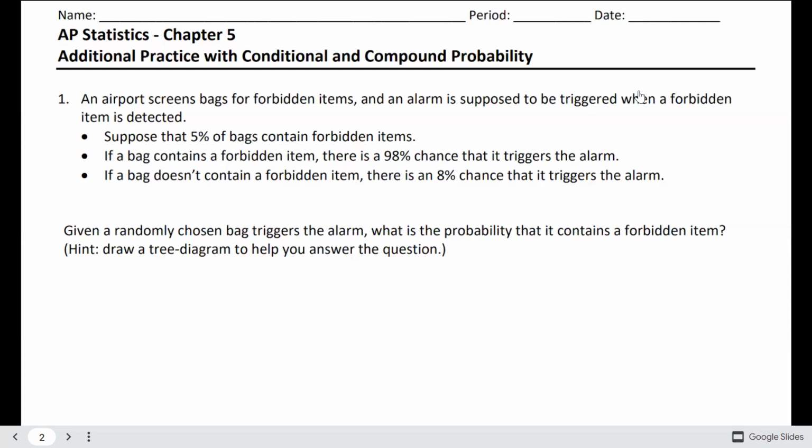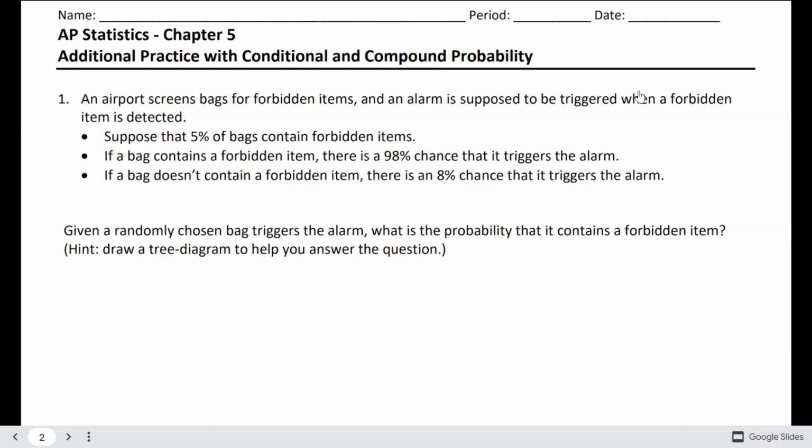So this is going to be a fraction. What goes up on the top of that fraction? Disease and positive, which is what according to our tree diagram? 0.099.